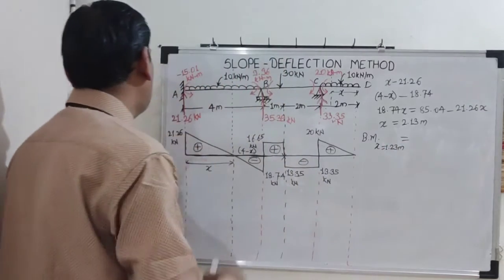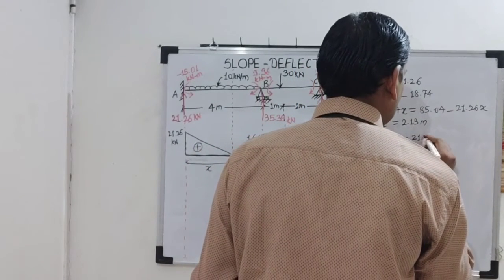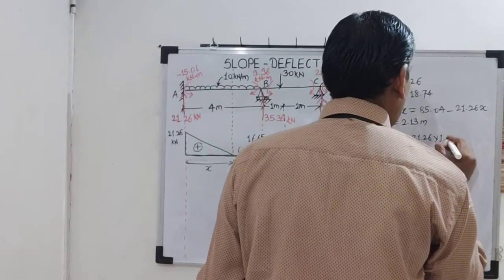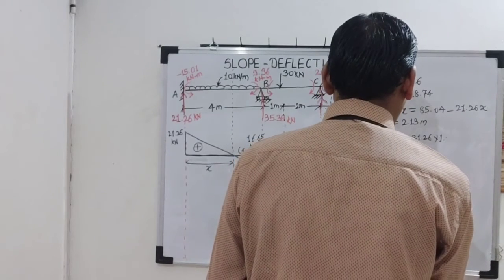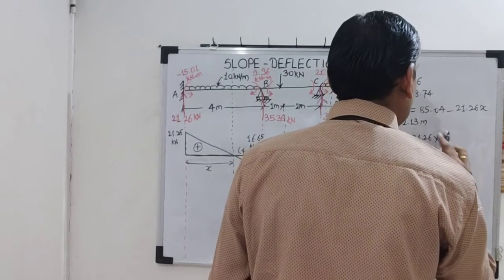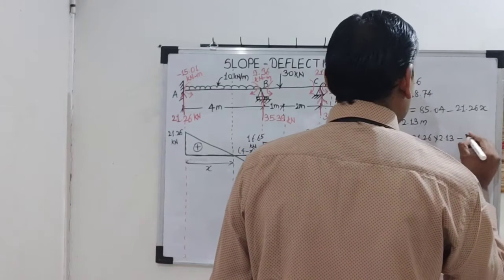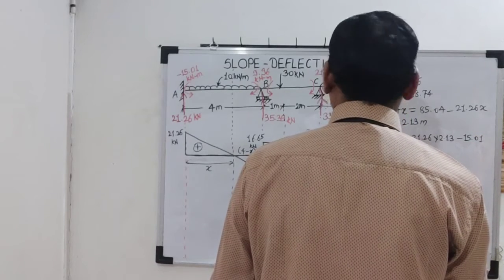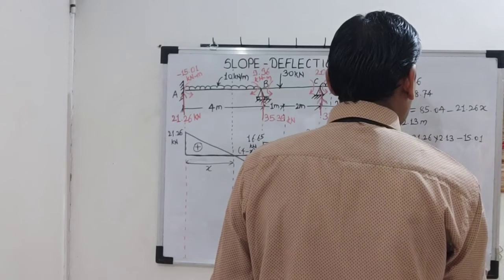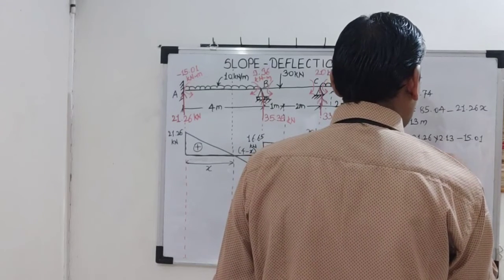Write first of all the equation. So 21.26 into 2.13, minus 15.01, minus 10 into 2.13 square by 2.